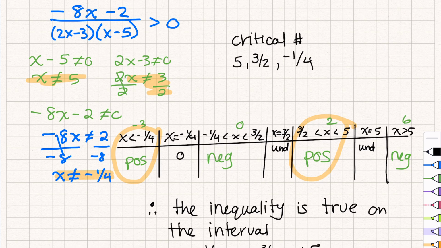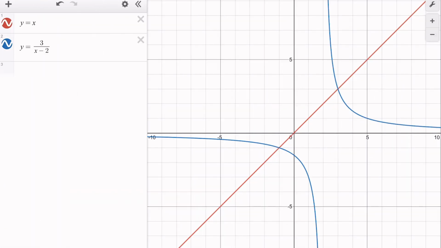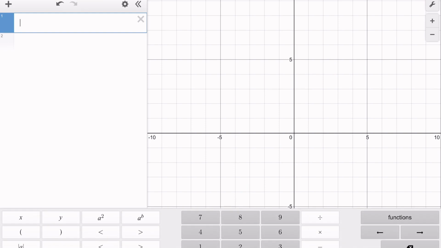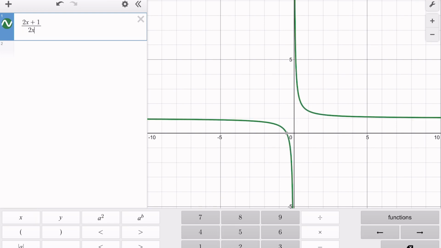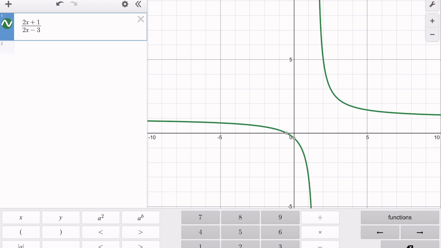So we could double check in Desmos here. So our first equation is 2x plus 1 over 2x minus 3. And our second equation is x plus 1 over x minus 5.